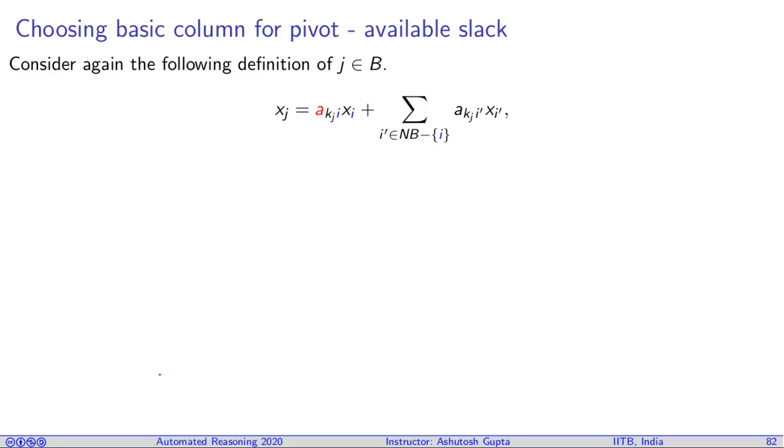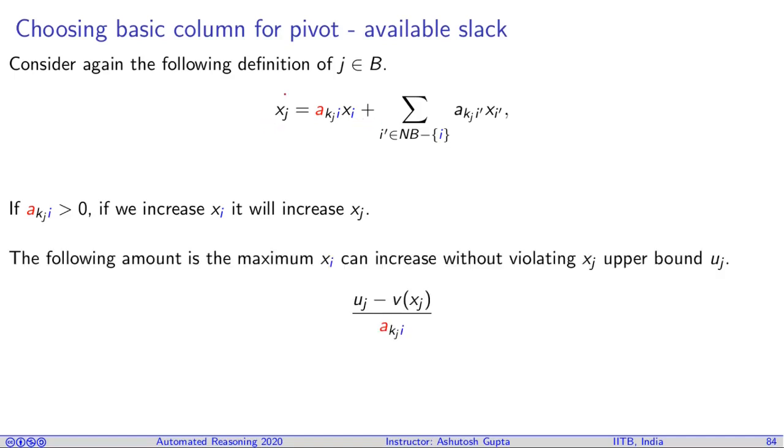Let's look at this expression again, which we have been seeing in the previous slide. Now let's say if akj is greater than 0, if we increase xi, it will increase xj, and this much we can increase.